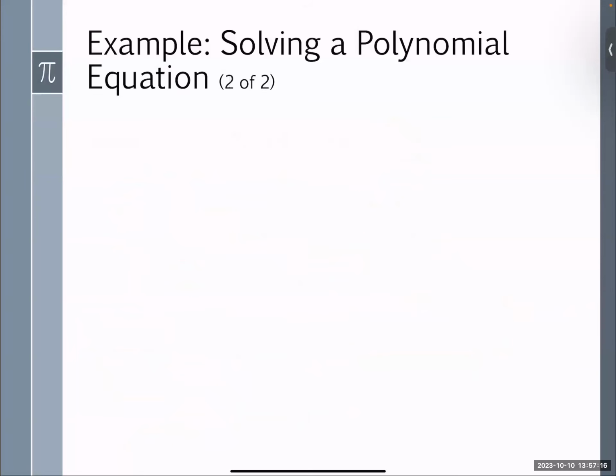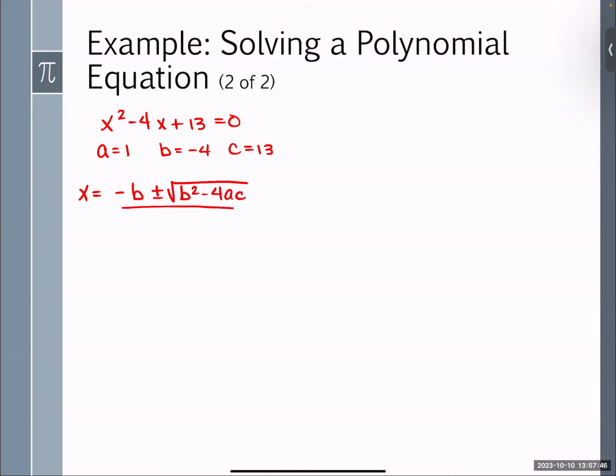Okay, so we have x squared minus 4x plus 13 equals 0. A is 1, B is negative 4, and C is 13. A, B, and C are constants. They are numbers. They do not include any variables. So don't try to plug in variables into this formula. You're only going to plug in constants. All right.